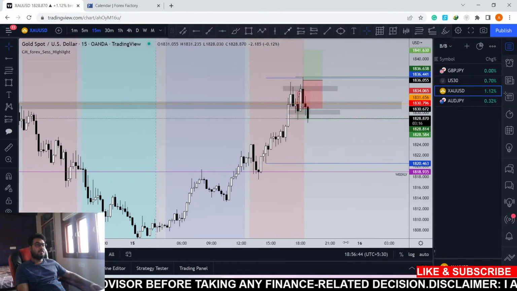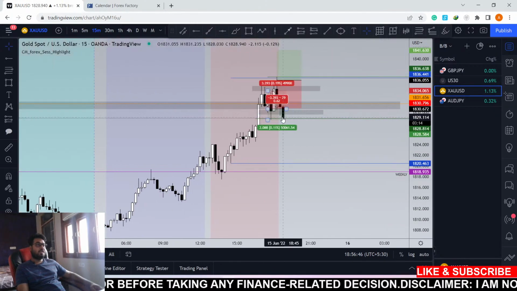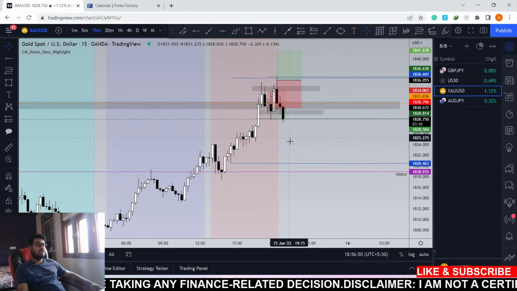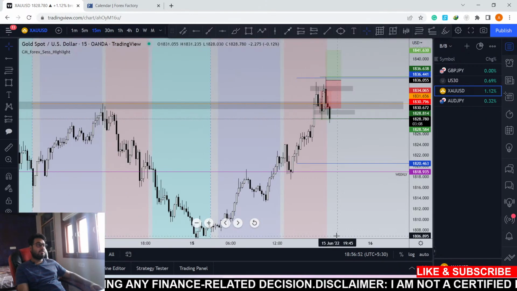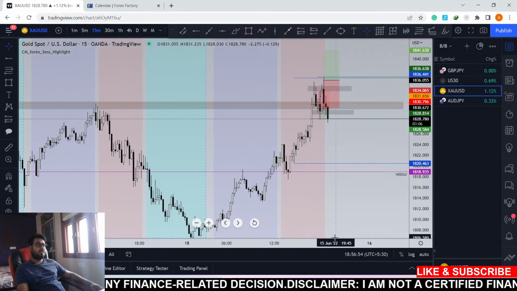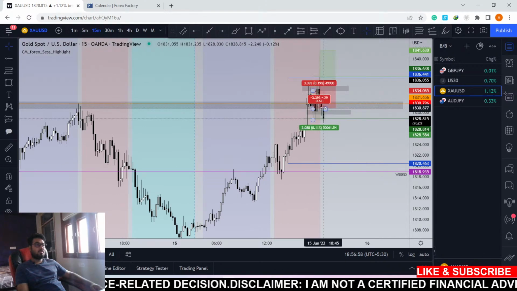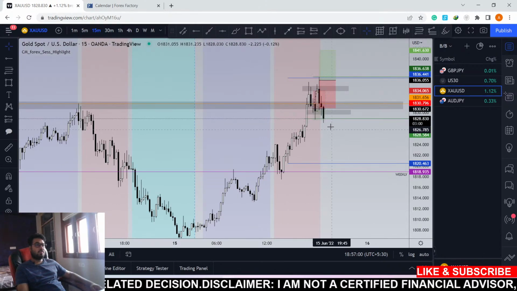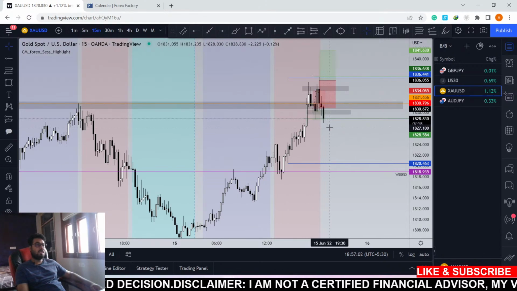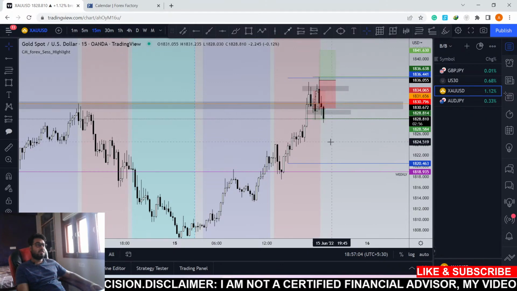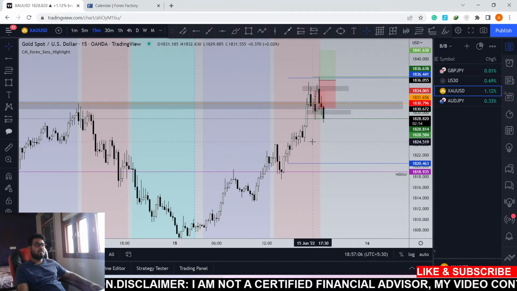Gold is giving us some breakout. If it breaks this area and gives us a nice bearish close, we could have taken entry. If it breaks nicely and closes somewhere around this area, then that will be a good entry.